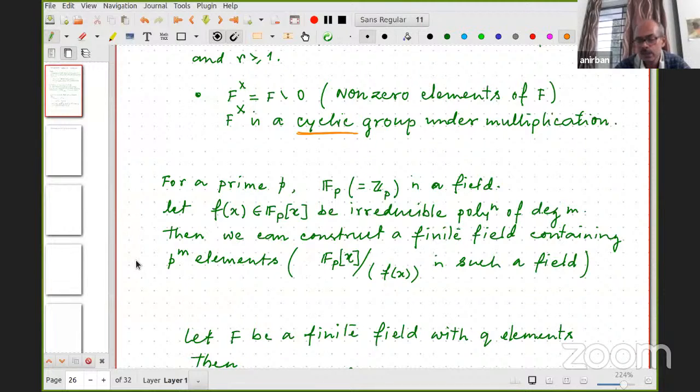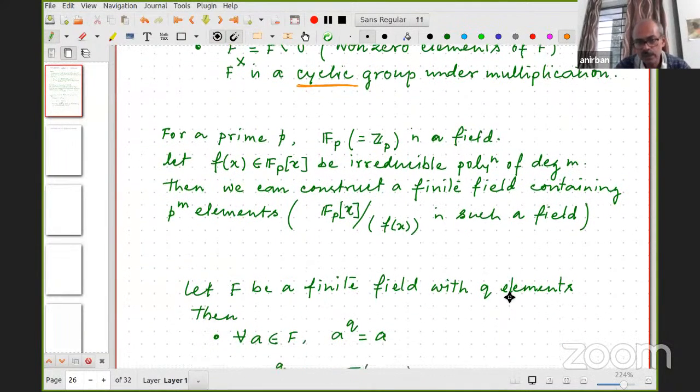In ring theoretic language, this is the quotient ring of the polynomial ring Fp[x] by the ideal generated by f(x), which would be a maximal ideal because f(x) is irreducible. And that turns out to be a field, and it's going to have p to the m elements. So we have seen this construction.